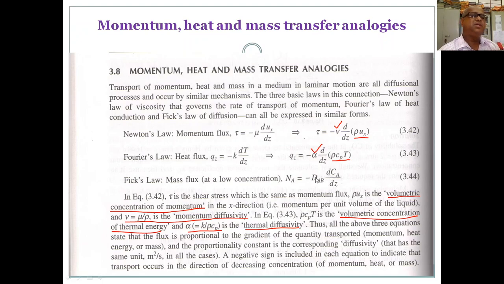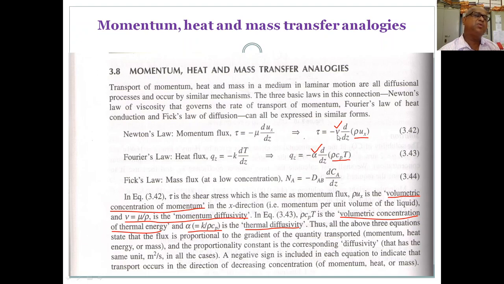And D_AB, this is also diffusivity. Now, what is the unit of the diffusivity D_AB? We know it is meter squared per second. And what will be the unit of momentum diffusivity?